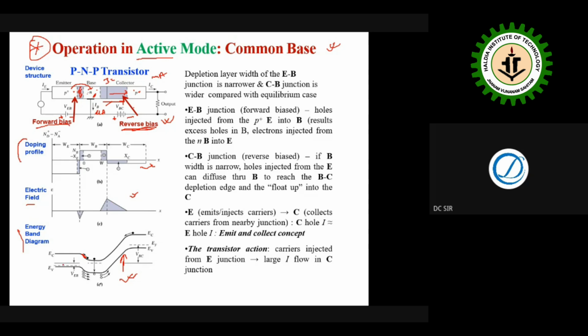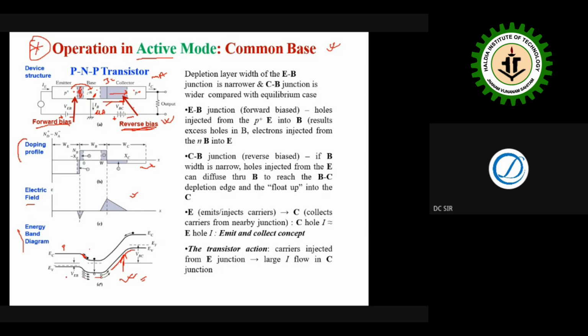So similarly, if you see here, in this case, holes are the majority carrier. Okay, this is P, this is N. In case of hole, you see this is the downhill for the hole.